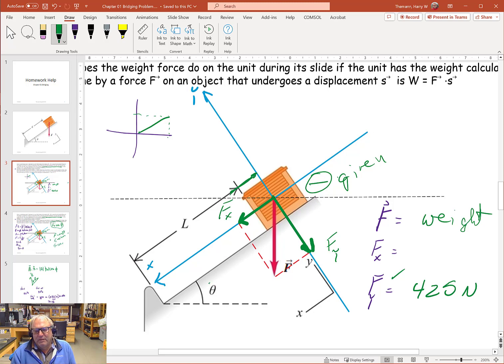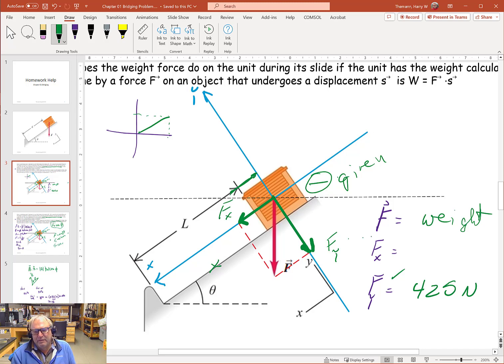So we know that this thing is at a certain number of degrees to the horizontal, and we've decided that the x-axis is parallel to that. So if I draw this horizontal dotted line here, this should be familiar from geometry class. That means that theta goes here, because that's what we're given, right?